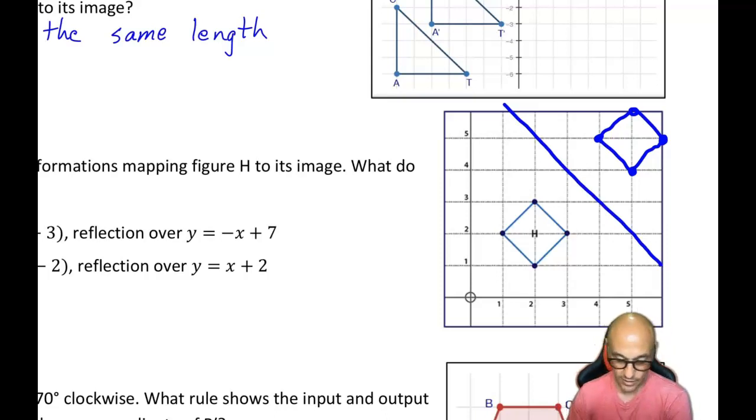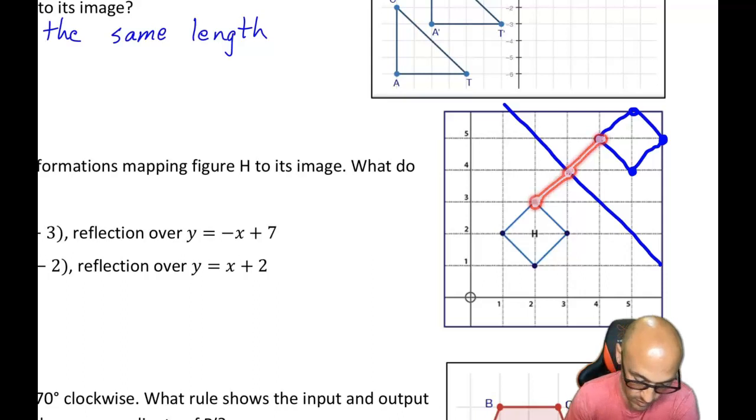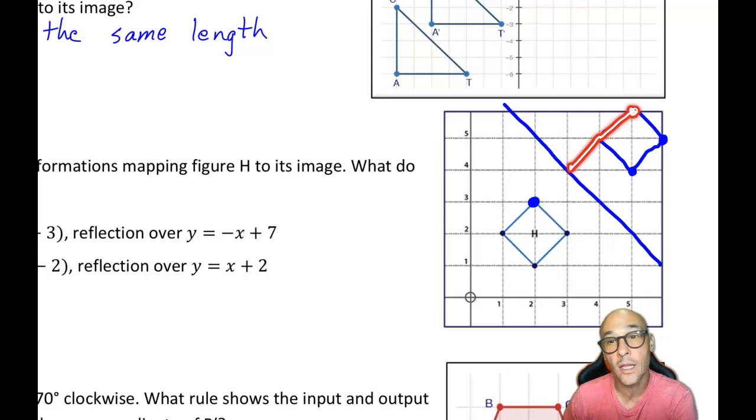Now, if we reflect across that line, what we notice is for this point, I move diagonally down and to the left one, and then down and to the left one more, puts it right there. Okay, so we're going to be right here. This point goes down to the left one, down to the left two, to get to the line of reflection.